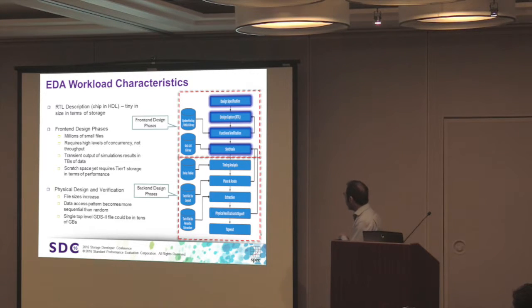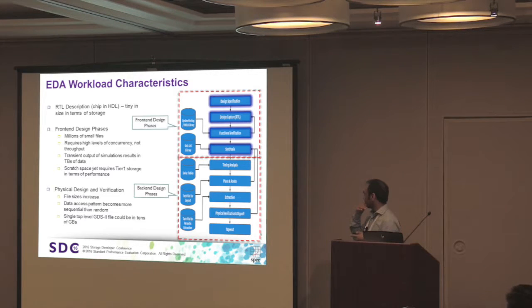Of course, the number of jobs that you run is much less in the back-end design flows compared to the front-end design flows. You're looking at a magnitude of hundreds to thousands of jobs for front-end design. You're looking at a magnitude of tens to hundreds for the back-end design flow, to give you kind of a perspective. Clear so far in terms of how we're approaching this?